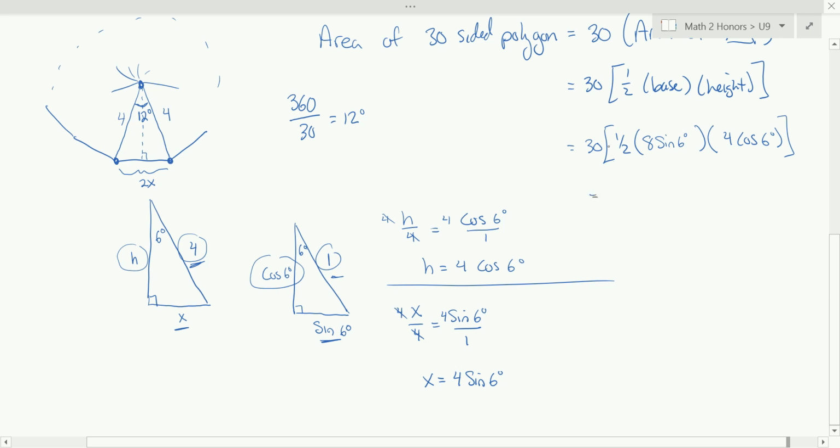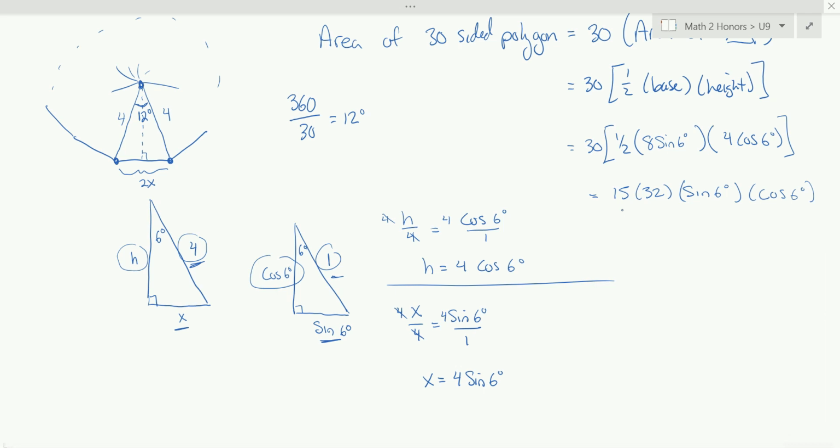If you want to simplify, you could say, well, 30 times 1/2 is 15, and 8 times 4 is 32. And you still have the sine of 6 degrees times the cosine of 6 degrees. But eventually, if you didn't have a calculator, this is where you would stop, right? You can multiply the 15 and 32, but you can't go any further.